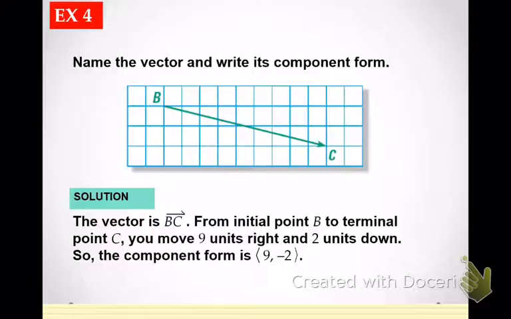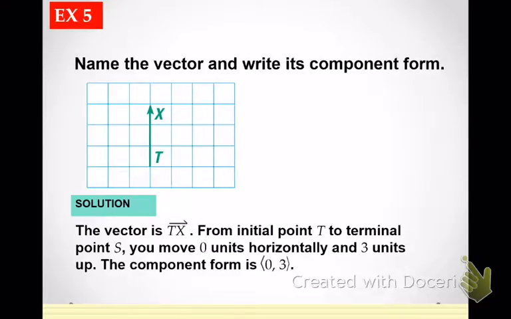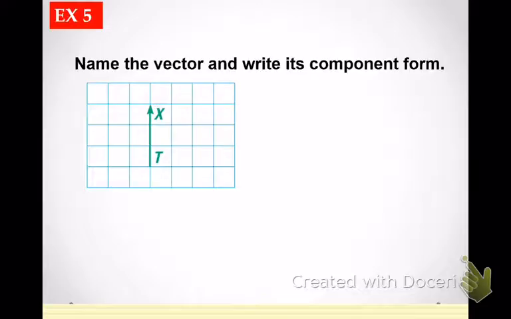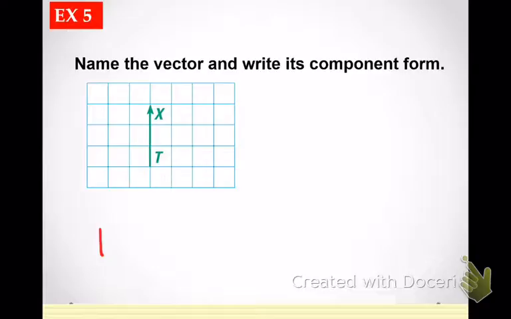Okay, so when you put them together, let's see. We've got, name the vector and write its component form. So if we name the vector, how am I going to name this vector? Yeah, Tx. So Tx vector, and the component form is going to be, what's the x value going to be? 0.